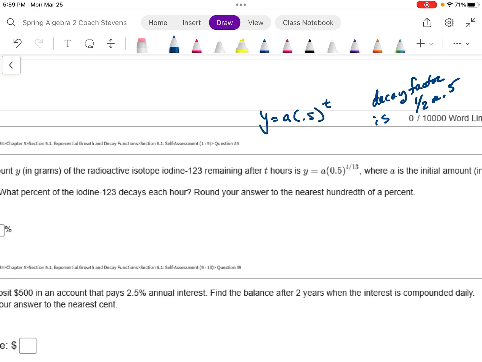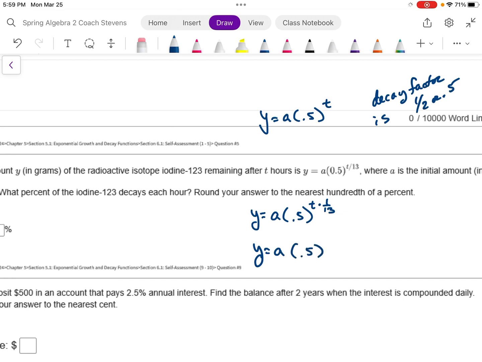We could rewrite this as y is equal to a times 0.5 to the t times 1/13, because t over 13 is really t times 1/13. Then if I'm multiplying in the exponent location, that means I could rewrite this as a power to a power.